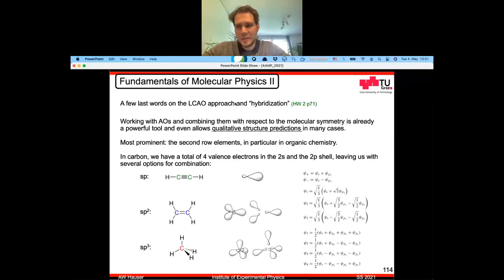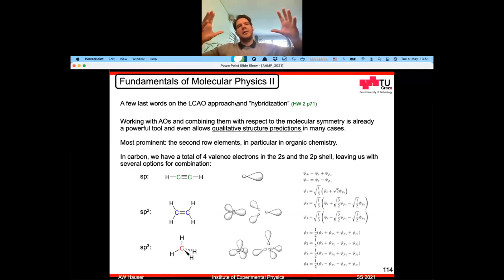If you pick a Cartesian basis set x, y, z, you remember the lobes. So we have 4 valence electrons, and in principle the 2s as our valence shell and the 2p x, y, z, giving us 4 atomic orbitals to work with.